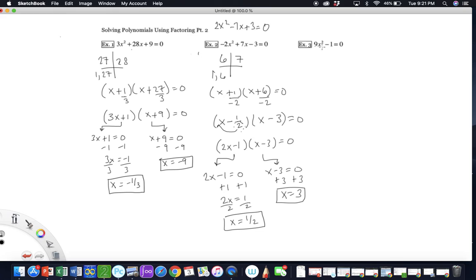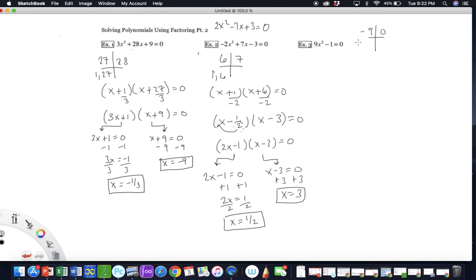Okay, example 3 now. This one's a little unique because it is a binomial. Okay, so I'm going to show what happens if we're missing that b. So really, I do the same steps I've done before. I make sure that the quadratic equals 0, which it does, and then I'm going to take a times c, so 2 factors of -9 that when added together, and notice how there is no b, so I need 2 factors of -9 that would equal 0.